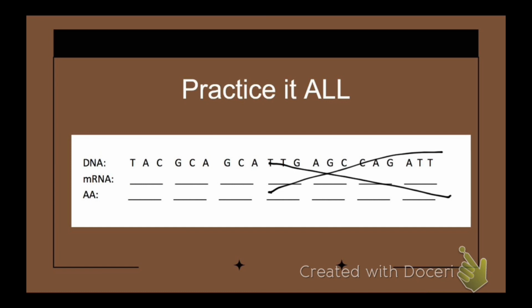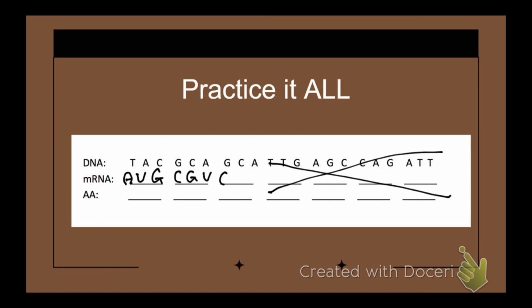Okay. So what pairs with T? A. Good. What pairs with A? U. Good. Because remember, we're looking at RNA. What pairs with C? G. Good. Then what pairs with C? What pairs with A? What pairs with G?